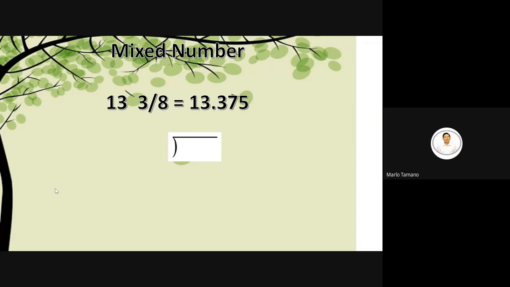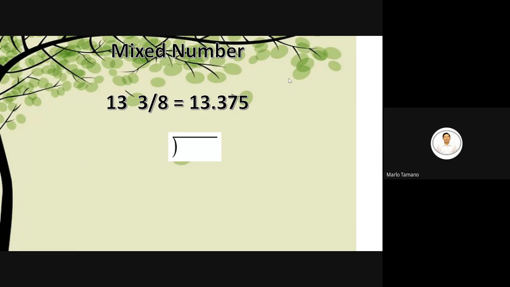Instead of reading 13 and the decimal point, read it as 13 and 375 thousandths. The 3 is the tenths, the 7 is the hundredths, and the 5 is the thousandths.